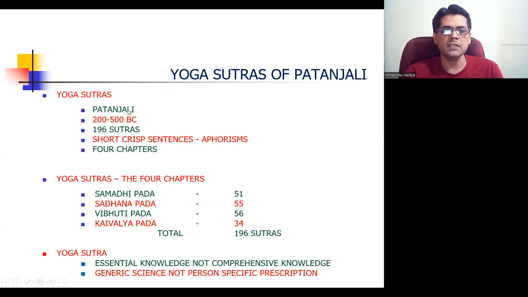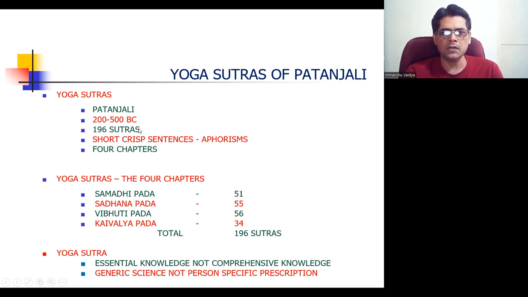So this is a book which is a collection of 196 small aphoristic statements related to yoga. So we are not dealing with physics or chemistry or geology. We are dealing with yoga, and the subject has been explained in 196 short, crisp statements called the sutras.